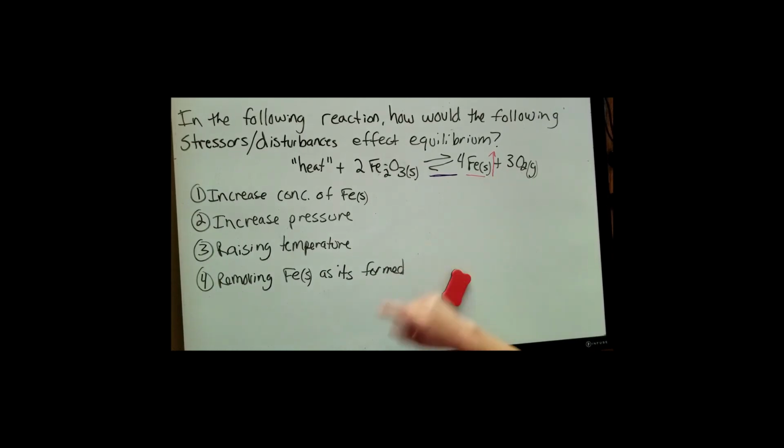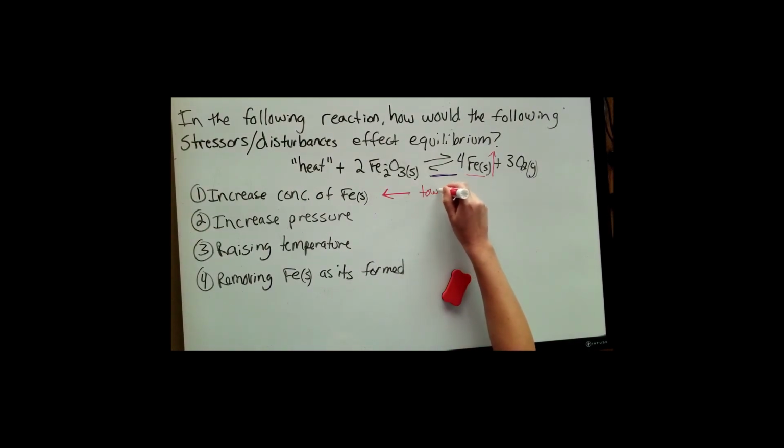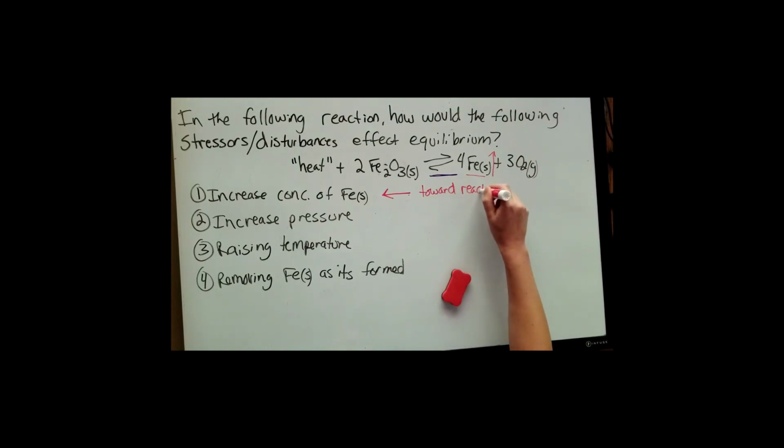And to get rid of that excess, it is going to shift the reaction to the left toward the reactants. Because if it shifts towards the reactants, it's going to get rid of that excess that I added, and it'll make more of the iron 3 oxide.